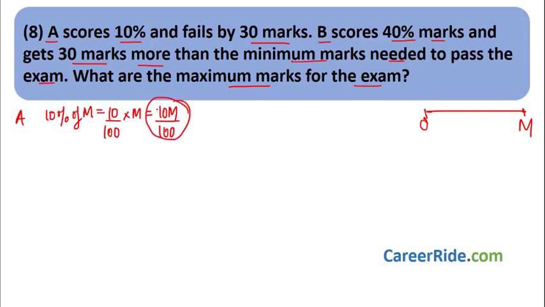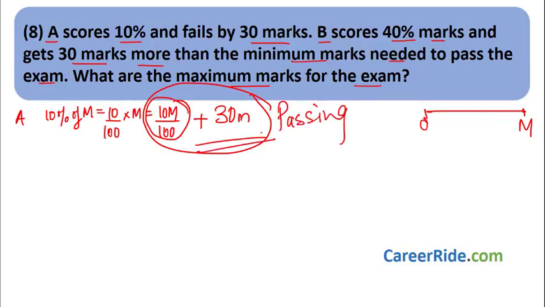These are the marks which A receives, right? And it is also given that A fails by 30 marks, that means A got 30 marks less, otherwise A would have got passing marks. If A would have got 30 marks more, A would have got passing marks. That means what becomes the passing marks? 10M upon 100 plus 30 marks. These become the passing marks.